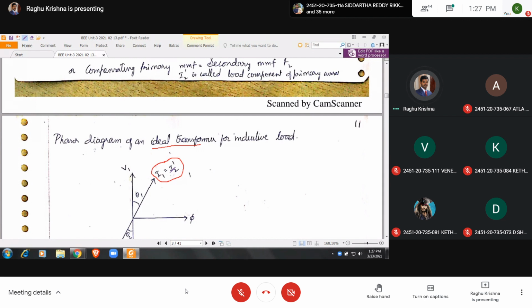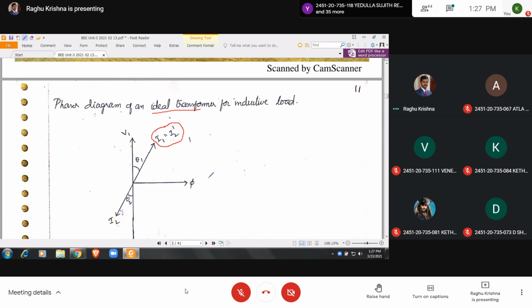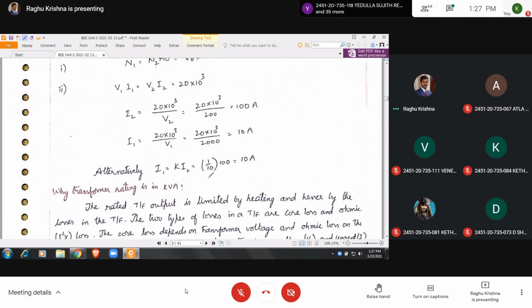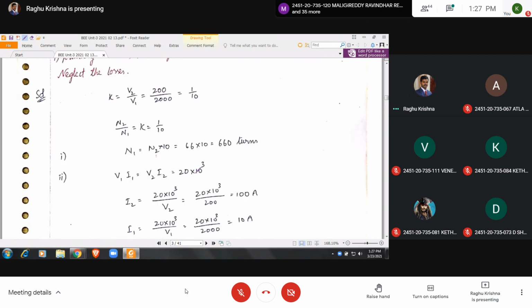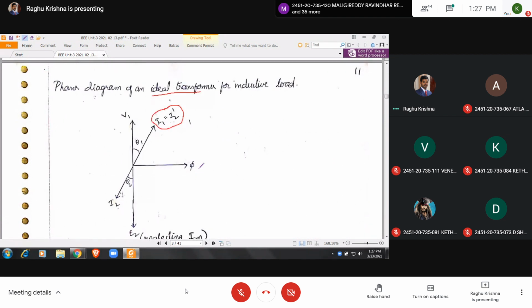So you are going to know about I2 dash. So what is I2 dash? Sorry, I2 dash is equal to K into I2, which is equal to I1.